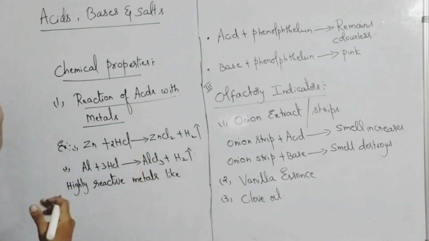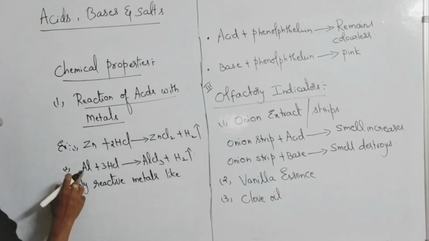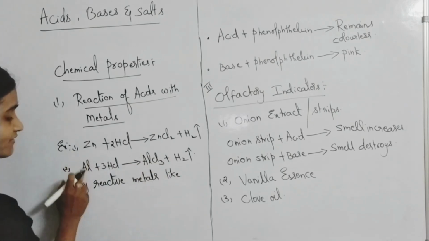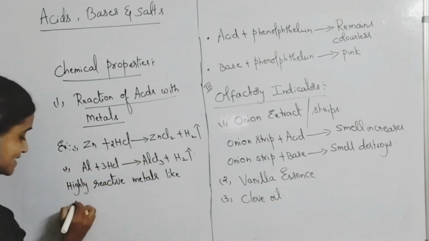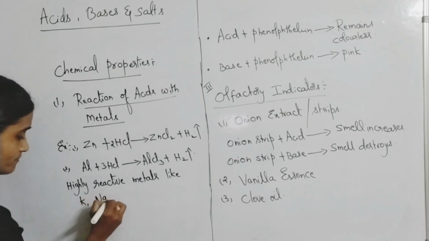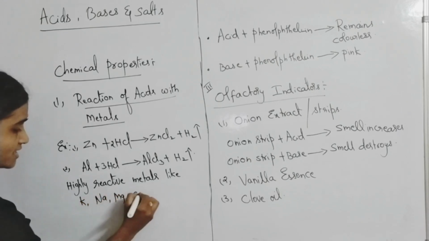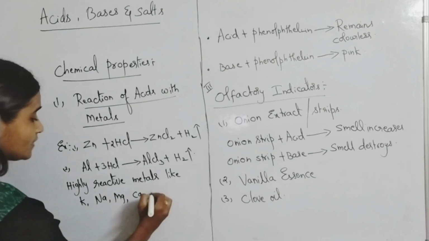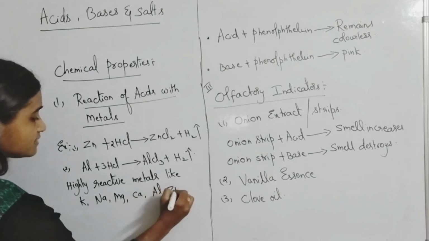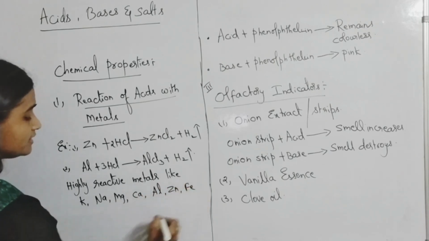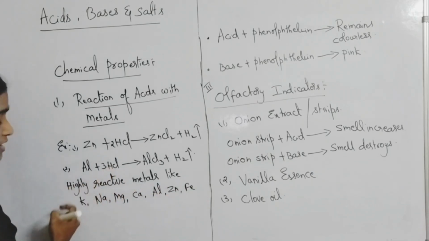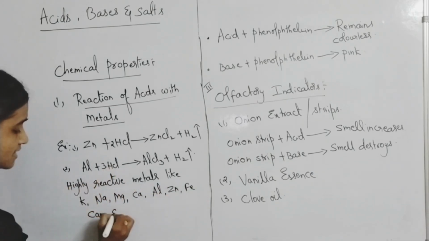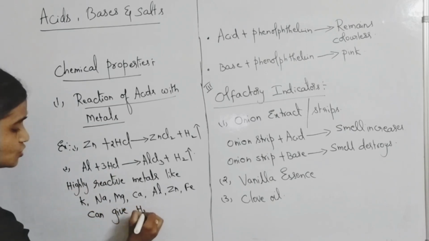Hydrogen has to be displaced from the acid, which means the metal you are adding should be more reactive than hydrogen. Highly reactive metals like potassium, sodium, magnesium, calcium, aluminium, zinc, iron can replace hydrogen and give H2 gas.